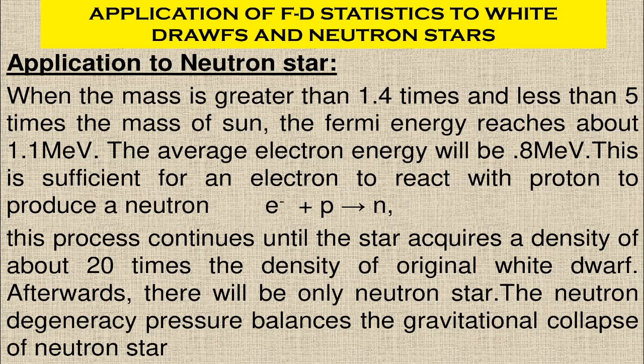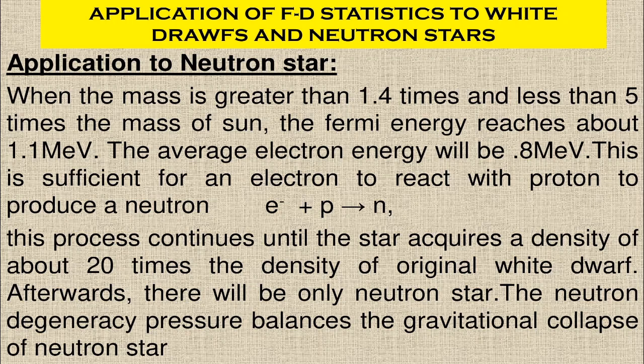Whenever the mass of the star is greater than 1.4 times the solar mass and less than 5 times, the Fermi energy reaches about 1.1 MeV, million electron volts. The average electron energy will be about 0.8 MeV.